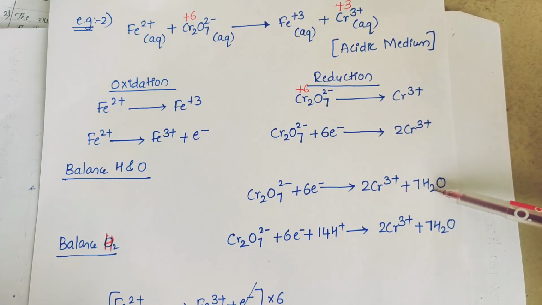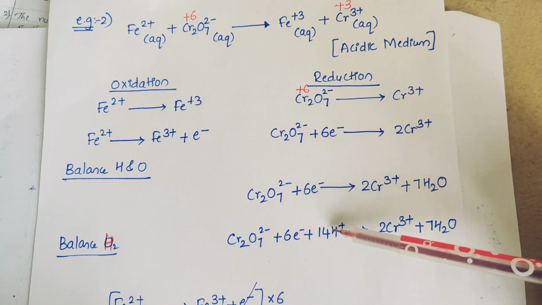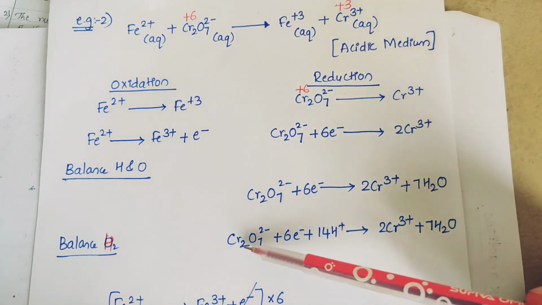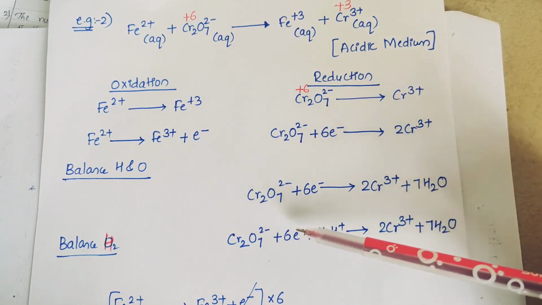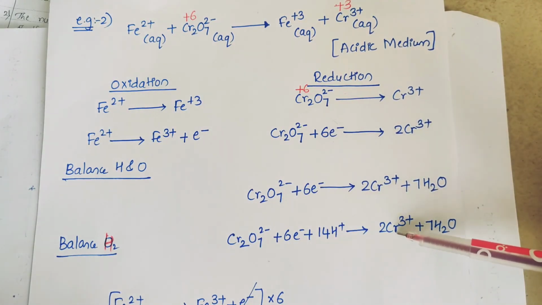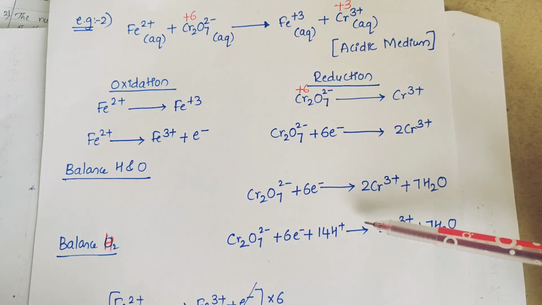To balance that, I have to add that many H plus to the deficient side. So I'll be adding 14 H+ on the deficient side. So I'll get Cr2O7 2 minus plus 6 electrons plus 14 H+ giving rise to 2 Cr3+ plus 7 H2O. So these two reactions, oxidation and reduction, are balanced.